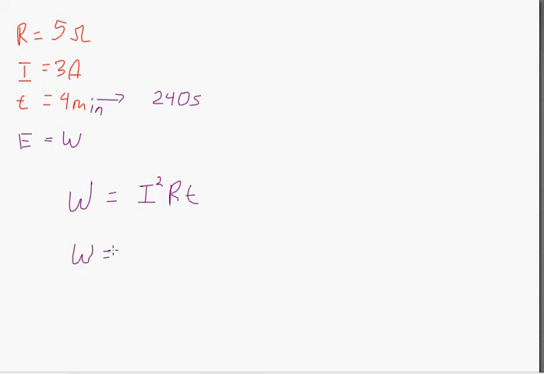W equals 3 amps quantity squared times 5 ohms times T, which is 240 seconds. And you can just plug that in your calculator, and I think you should get the right answer.